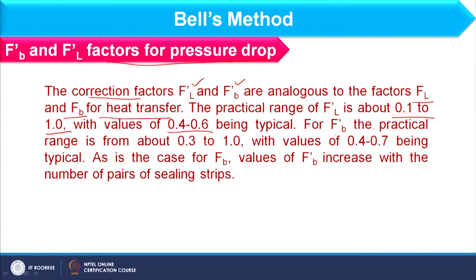For FB dash, the practical range varies from 0.3 to 1, however, we can consider 0.4 to 0.7 as the recommended value. As is the case for FB, values of FB dash increase with the number of pairs of sealing strips. Therefore, whatever sealing strips you have fixed in heat transfer coefficient calculation, the same you have to use over here, right. And you should understand that these sealing strips are even in number, because they should be considered in pairs.